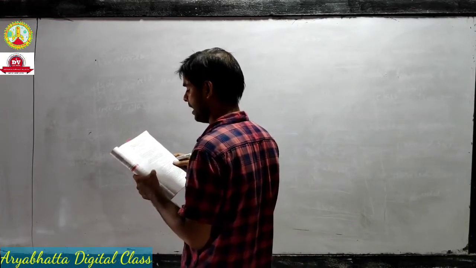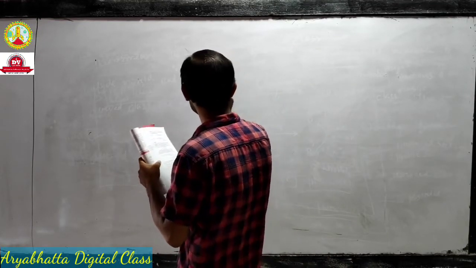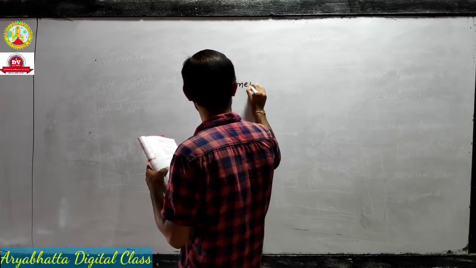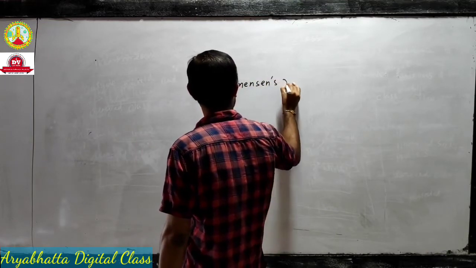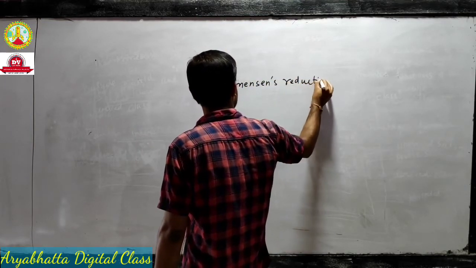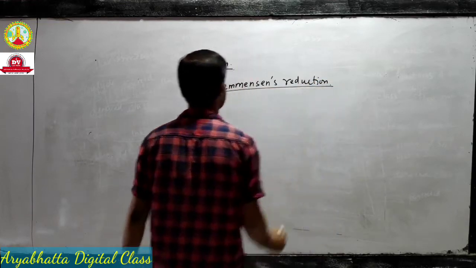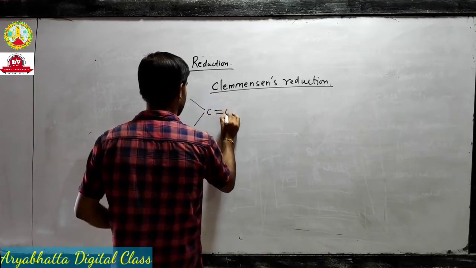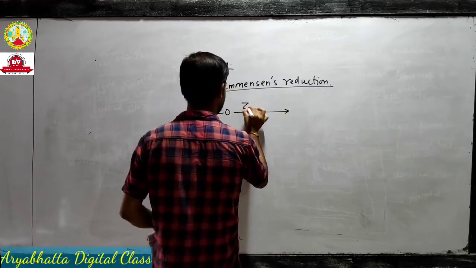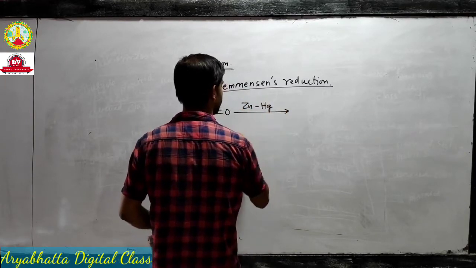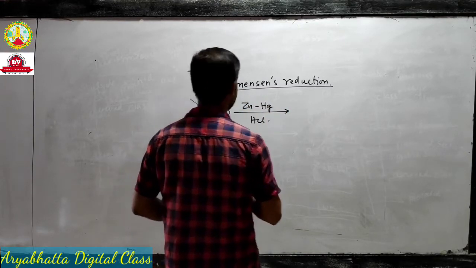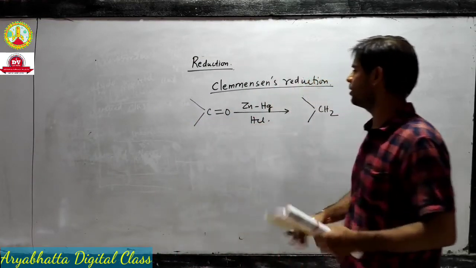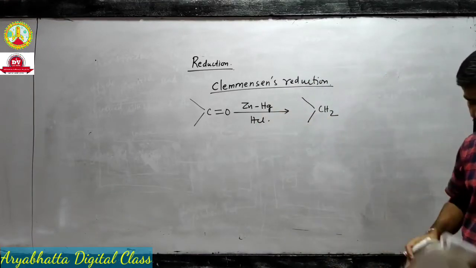One is called Clemmensen's reduction. It's a named reaction, Clemmensen's reduction. In Clemmensen's reduction, we take zinc mercury amalgam in presence of HCl, and the C double bond O is converted to CH2.